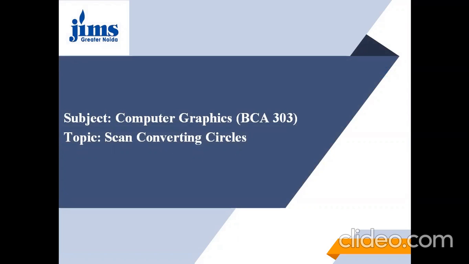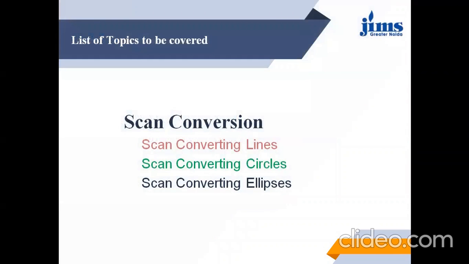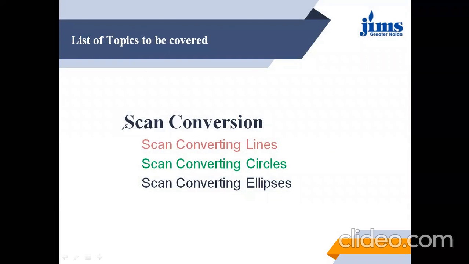In the last lecture, we discussed scan conversion, and we discussed the scan conversion for the line also. When we started scan conversion, I told you that we will perform scan conversion on three objects: line, circle and ellipse.